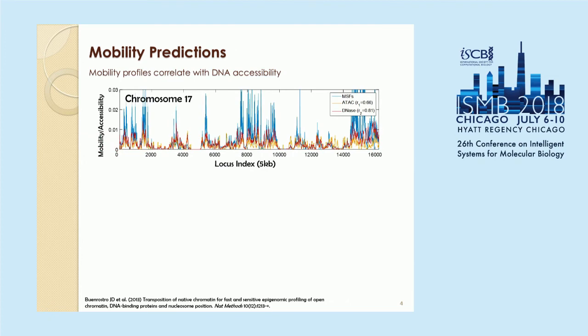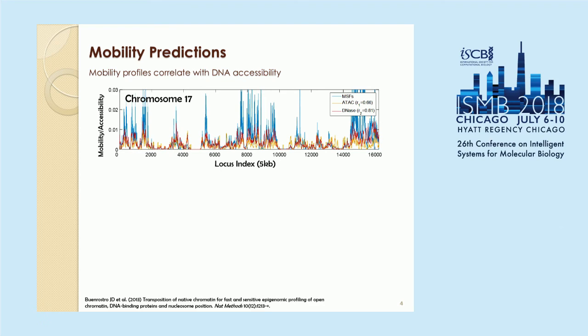So in this plot, the blue curve shows the mobility profile predicted by the GNM for the loci on chromosome 17. And we found it's highly correlated with 2 independent chromatin accessibility datasets, ATAC-seq and DNase-seq.